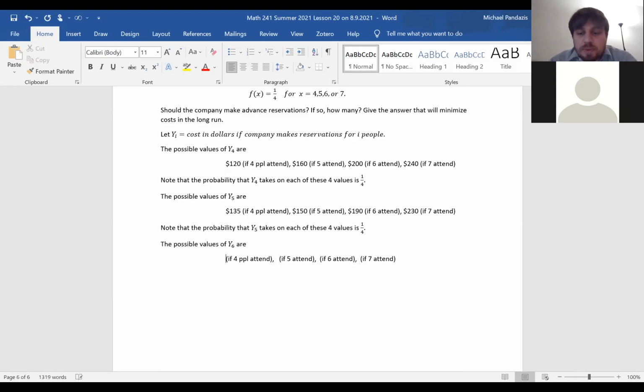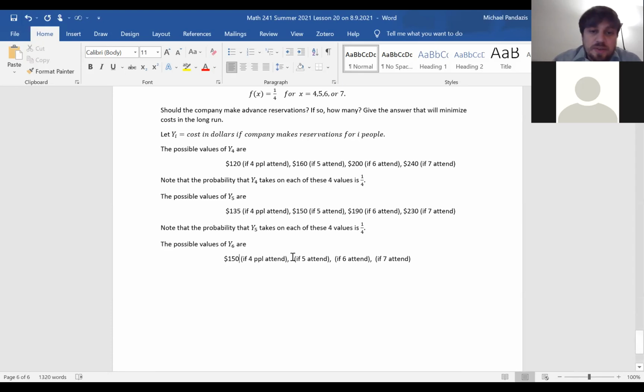Okay, so if 4 people attend, they made 6 reservations in advance. 4 of them are for the bargain rate of 30 each, that's 120. The 2 left over are the cancellation fees, that's another 30. So that's $150 in total. That's y sub 6.